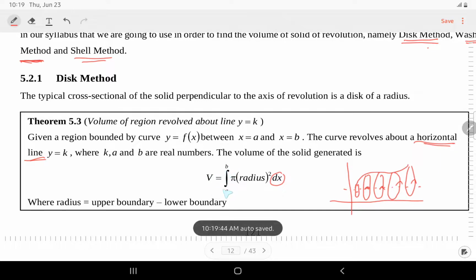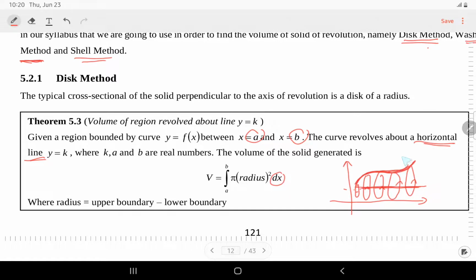V equals integrate from A to B, pi, and then radius squared dx. What is radius squared? Radius is upper boundary minus lower boundary. So for example, in this figure, the upper boundary is the function itself, the function of this graph, and the lower boundary is this horizontal line.